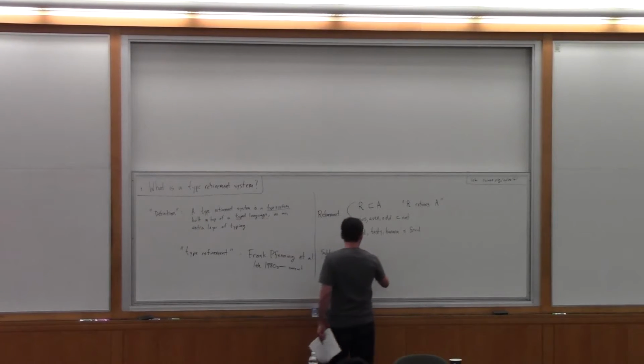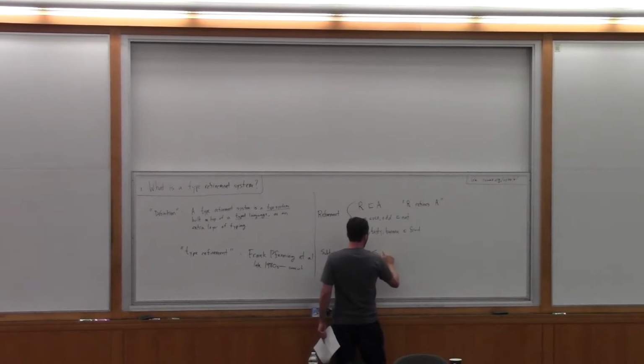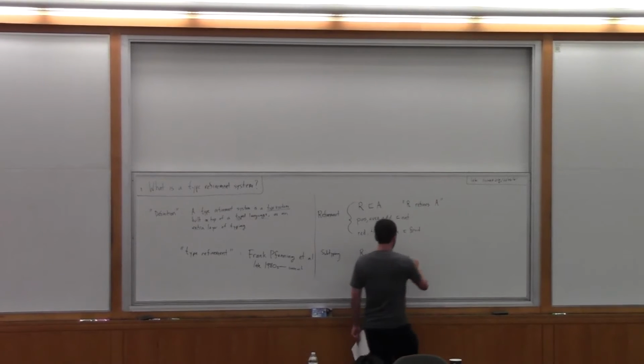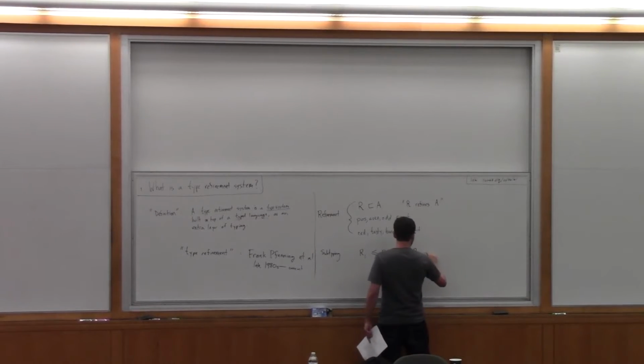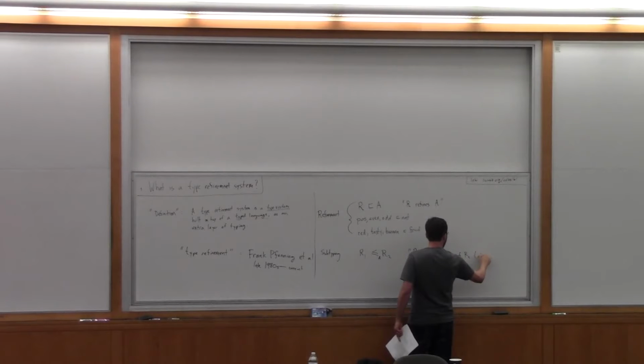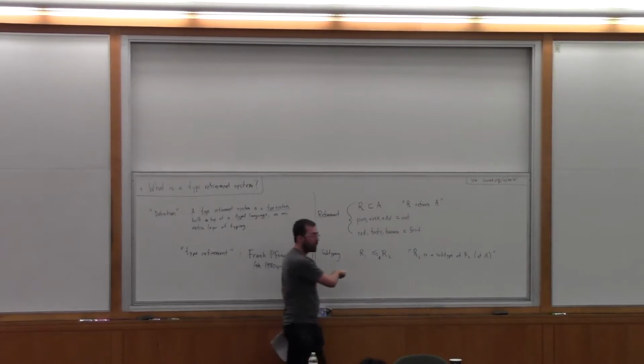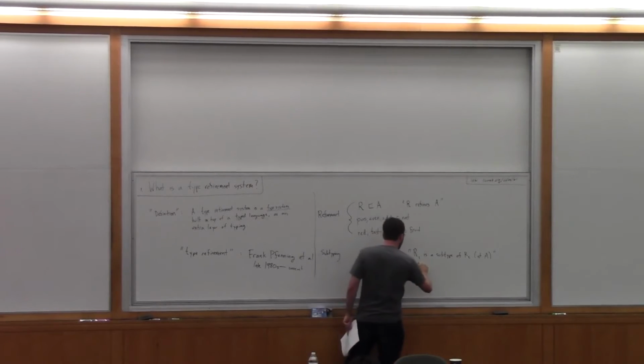So I'm going to write that R1 is a subtype of R2 at some type A. So R1 is a subtype of R2 at A. Here, it's implicit that R1 and R2 are both refinements of the same type A. Okay?